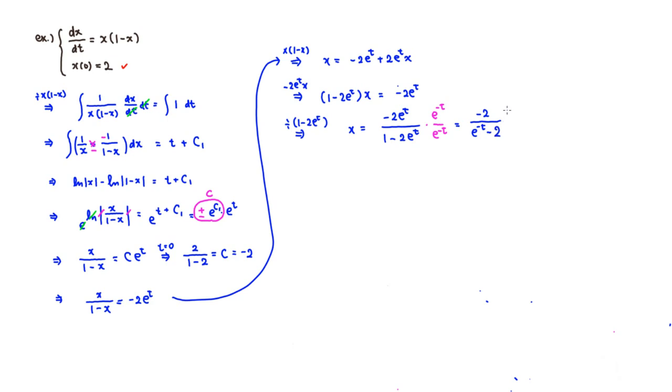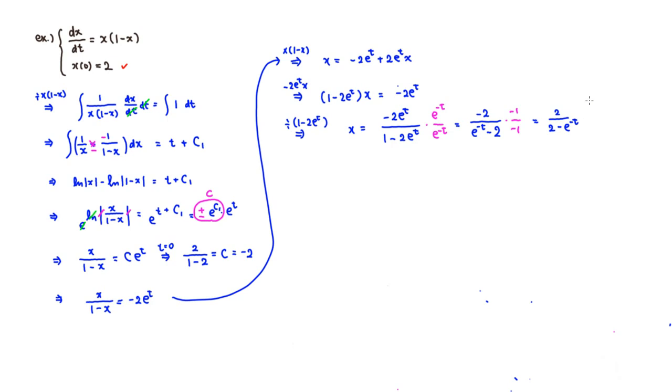I don't like to have a lot of negative signs, so I'm going to multiply top by negative 1 and bottom by negative 1, so that we get just a positive 2 over: negative 2 becomes positive 2, and positive e to the negative t becomes negative e to the negative t.